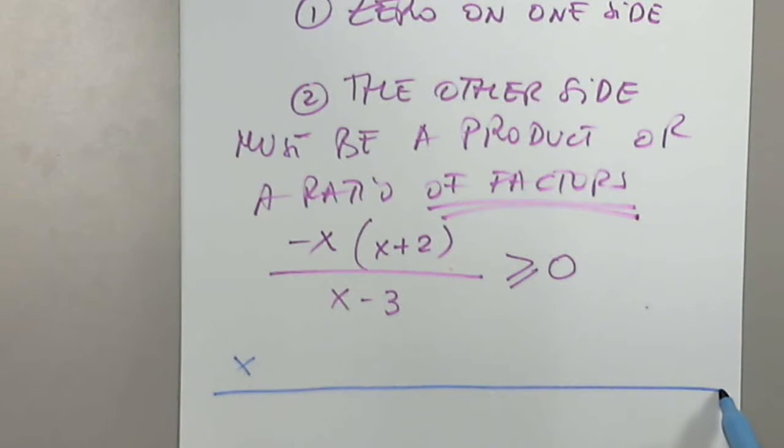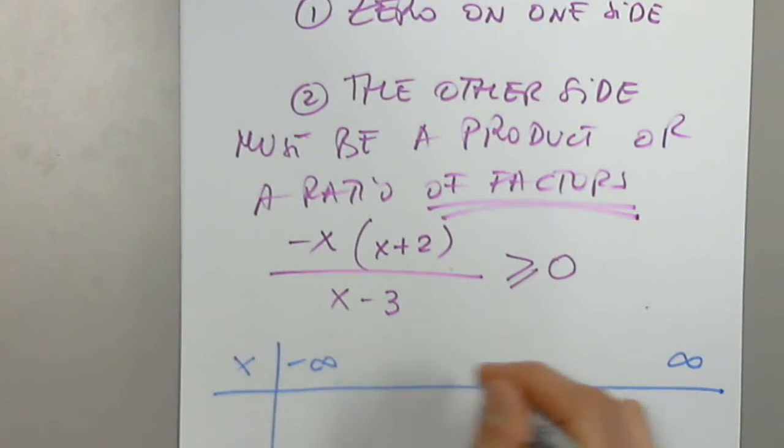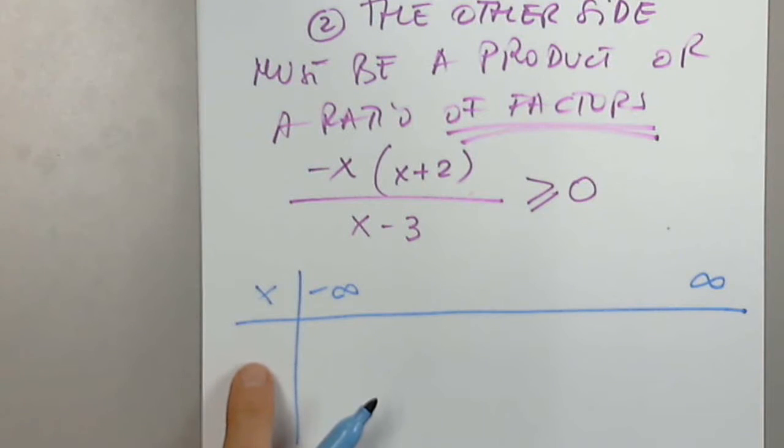X is the variable in the problem, and it goes from negative infinity to infinity. Because here I have to put the numbers. If I don't have this, I will not put the numbers. Good. Well, what is the next factor? The next factor is awesome.